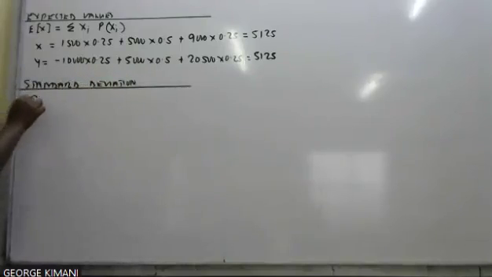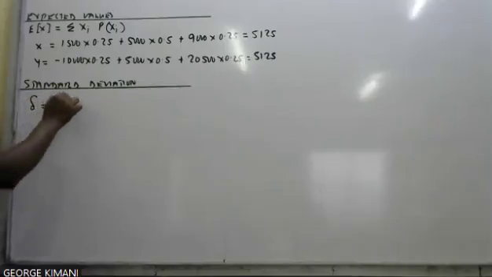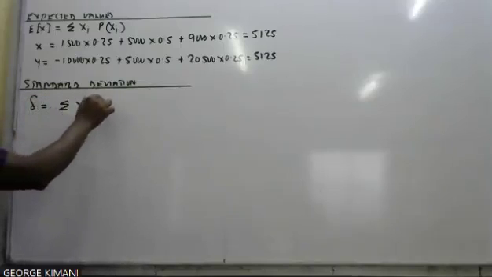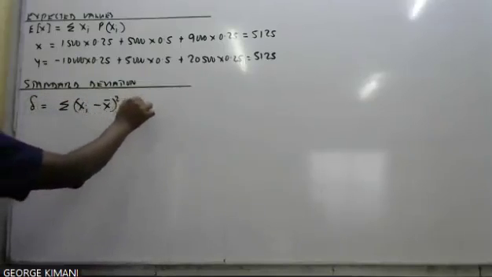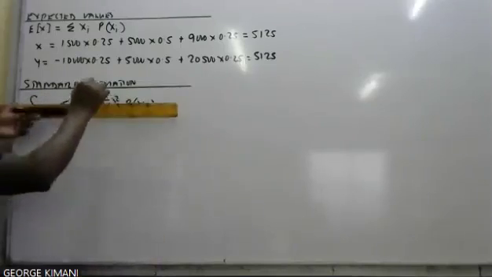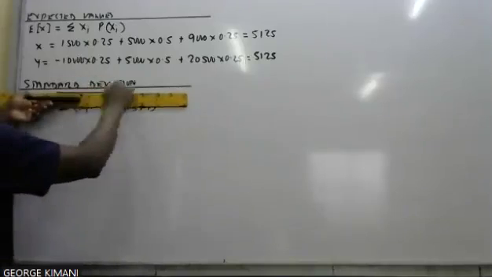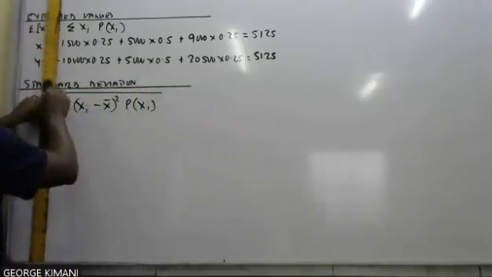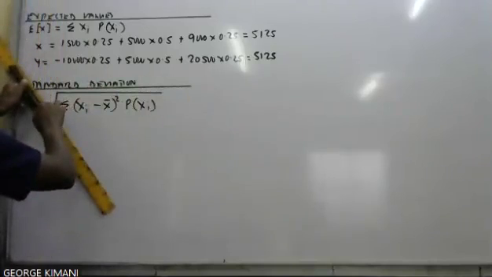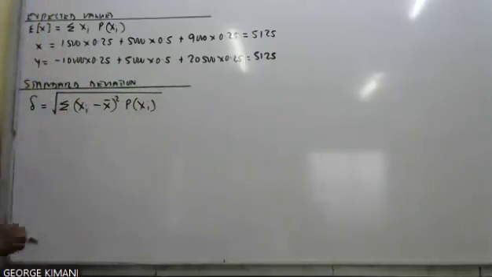So standard deviation sigma is given as the sum of xi minus x bar squared, times probability of xi, then you get the square root.